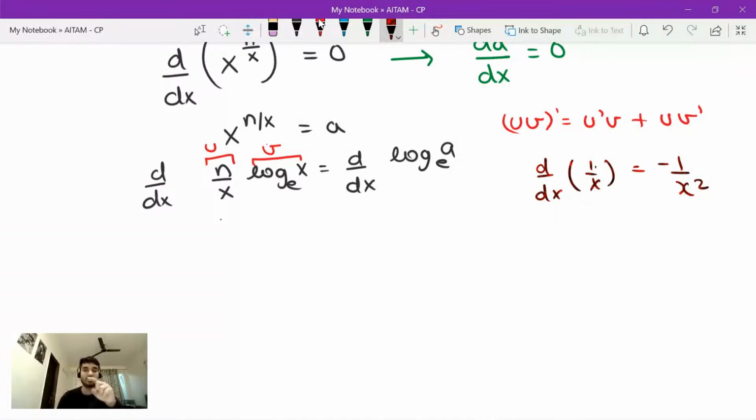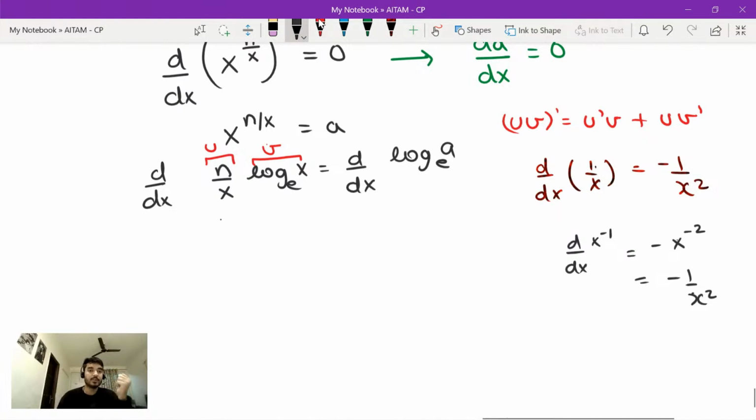Let me explain here. For d by dx of x, its power is minus 1, right? So now I have to move this exponent, this power, to the front. So this is simply equal to minus x to the power of minus 1 minus 1, which is minus 2, which is nothing but minus 1 by x square.